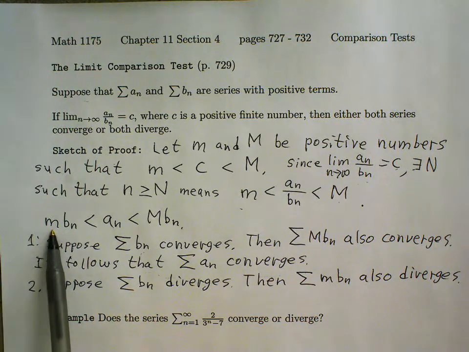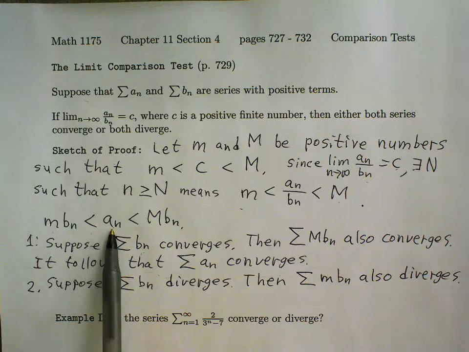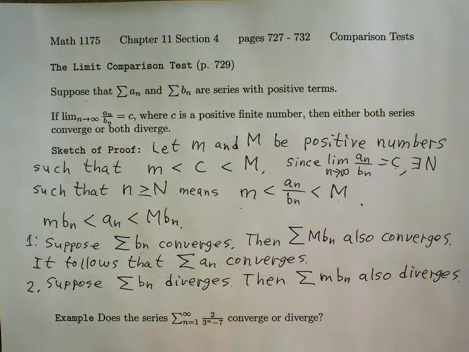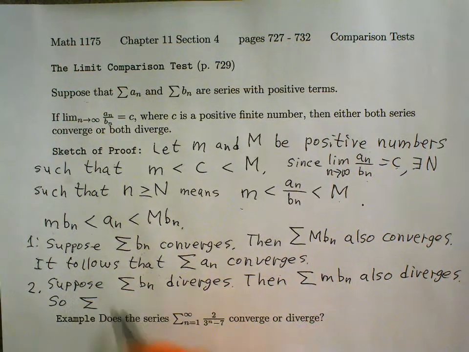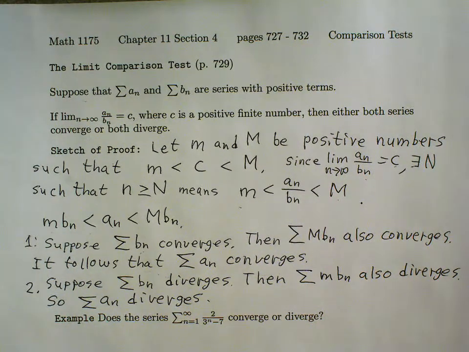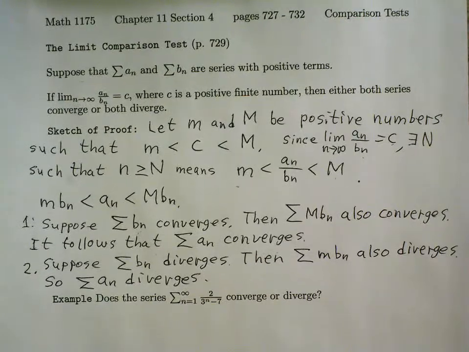But since lowercase m times b sub n is less than a sub n for all n, this time it follows that the series of the a sub n terms diverges also. Okay, it seems to make sense.